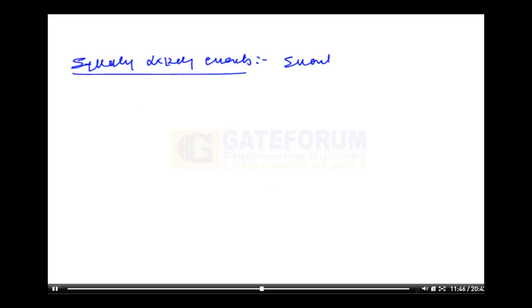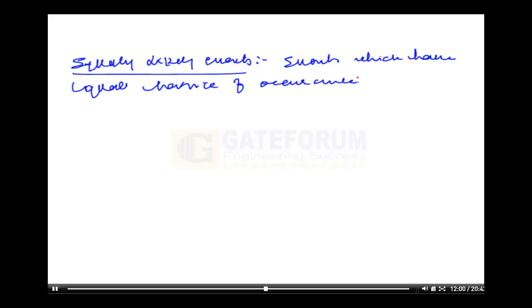So I take the next definition, equally likely. Events which have equal chance of occurrence are called equally likely events. See what we mean by this? Say we conduct a test for a class.